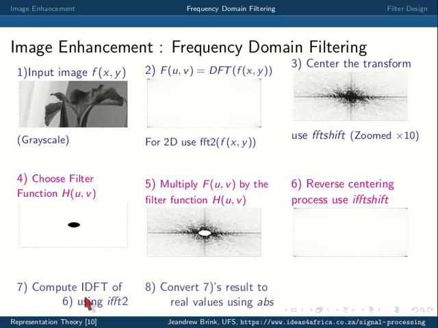So the next step is I must convert all of 7's results to real values to make the image, and I just use the absolute value of that. So I actually take the absolute value of the result in 7, and that's important, otherwise your computer program just completely throws it out when you start plotting it.